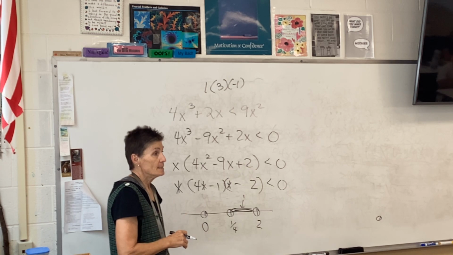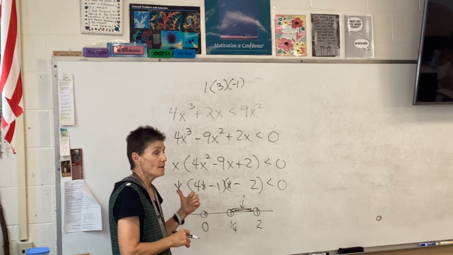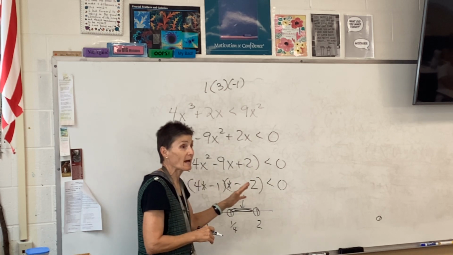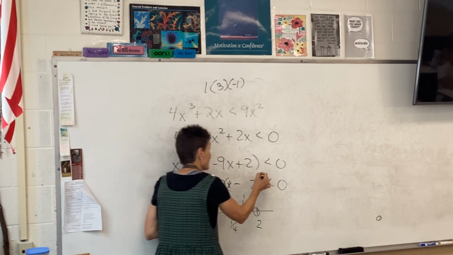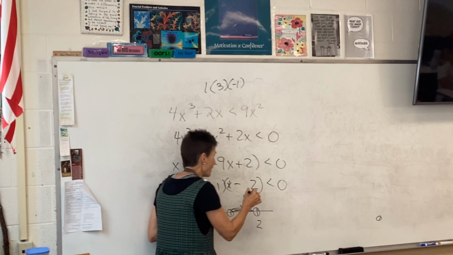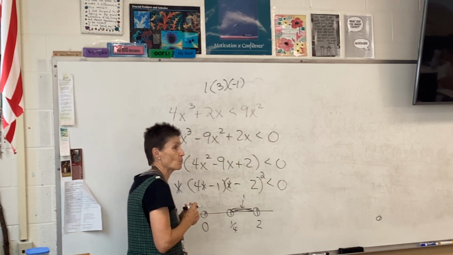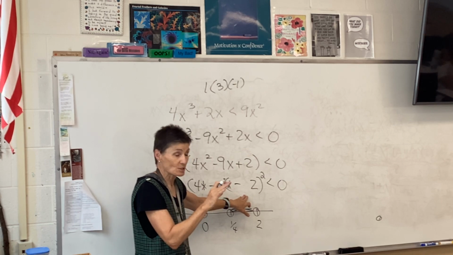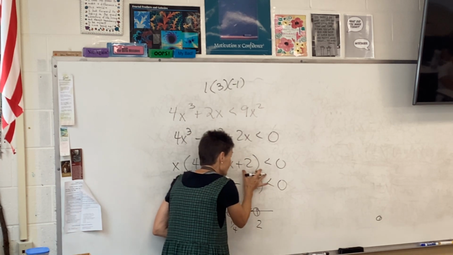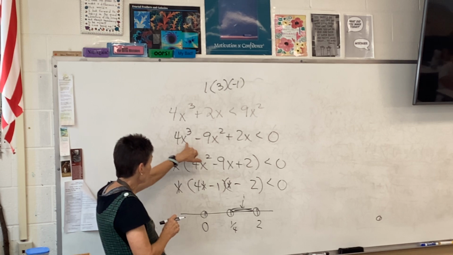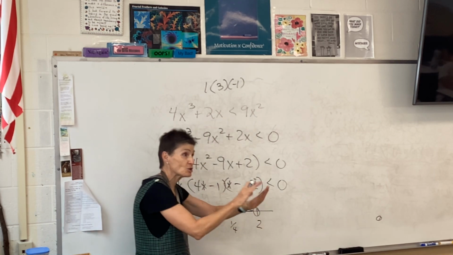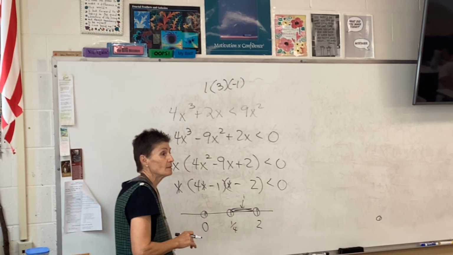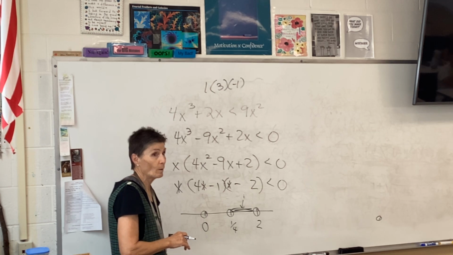Okay? Now, I told you the other day that as long as none of your factors are repeated, so in other words, I hope I told you this, I meant to, I'll tell you now. As long as none of your factors are repeated, that would mean I have a repeat factor. As long as you don't have that, we have x cubed, 3 dots, everything's good, then the shading alternates, always.